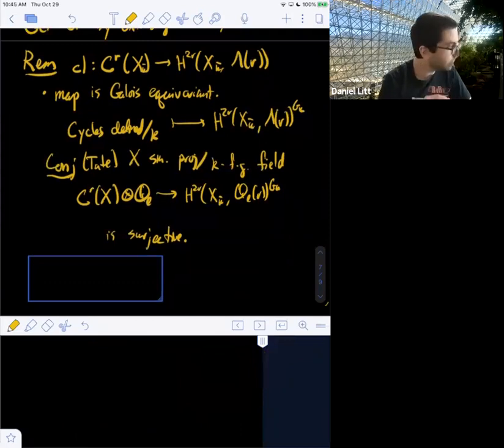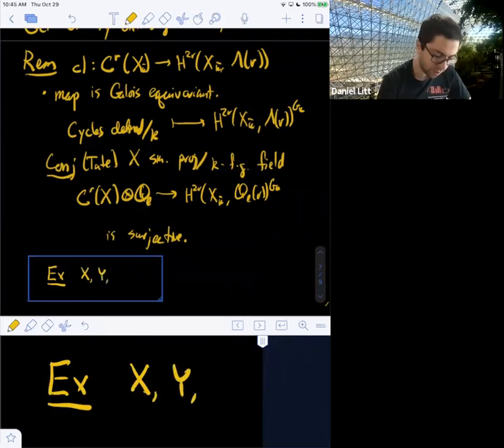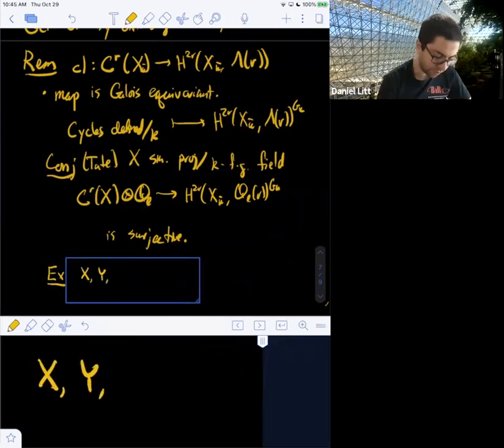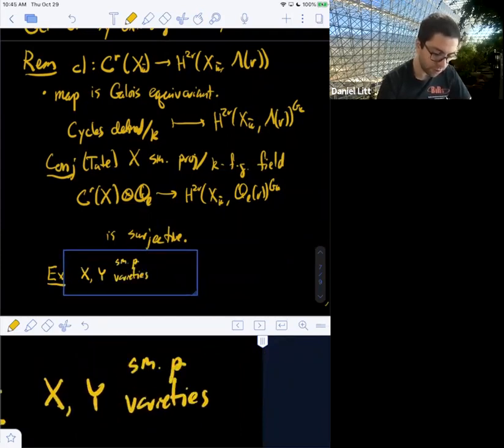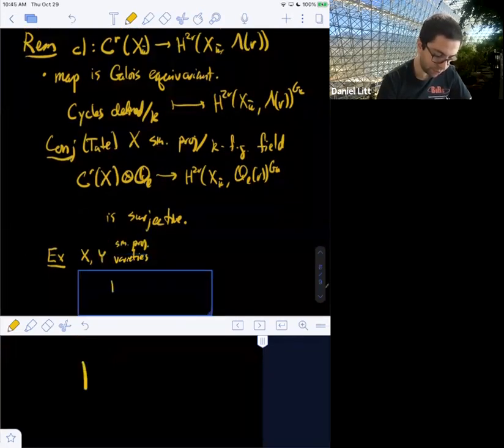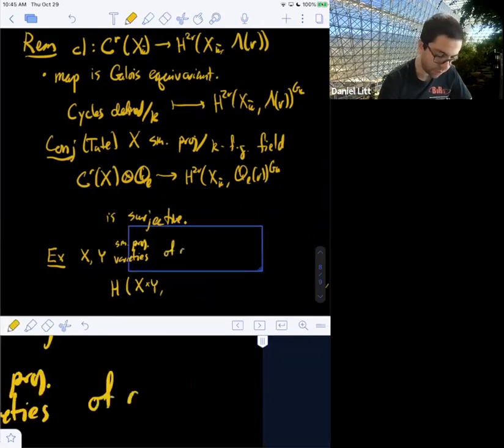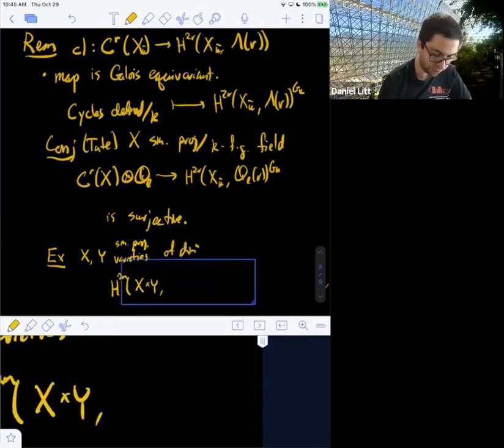Here's an example. Suppose we have X and Y. Let's look at H star of X times Y, and let's look at H^{2n} of X cross Y. This is the middle cohomology of X cross Y with coefficients in Q_L(n).